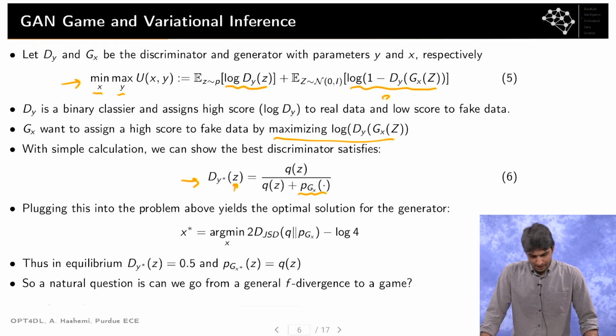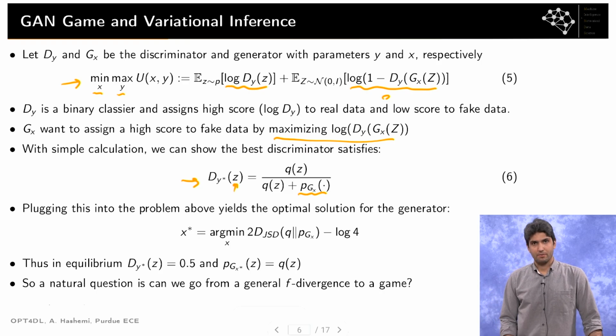And similarly, if I feed a fake image here, the Q for the fake image, let's say, is low, then what will happen is that the discriminator again can tell that this is not a real image, as long as PG is not equal to the true underlying distribution.